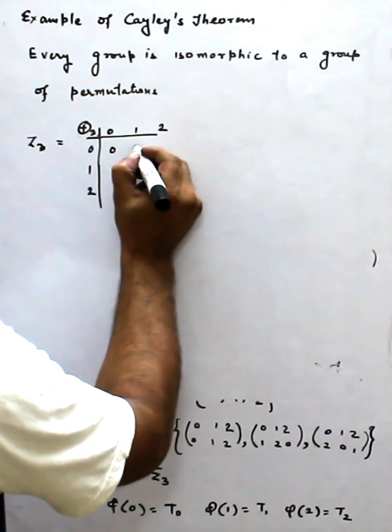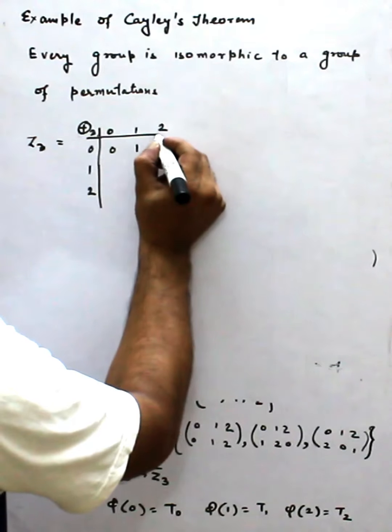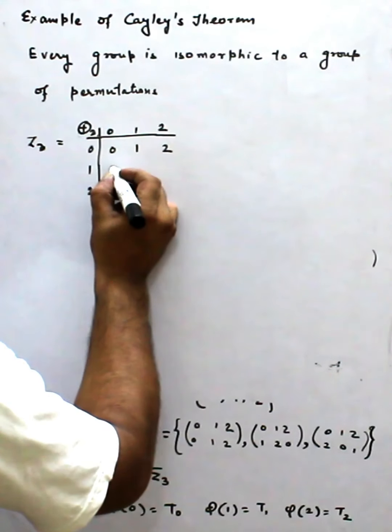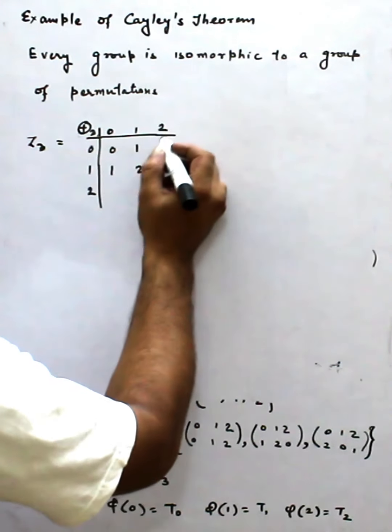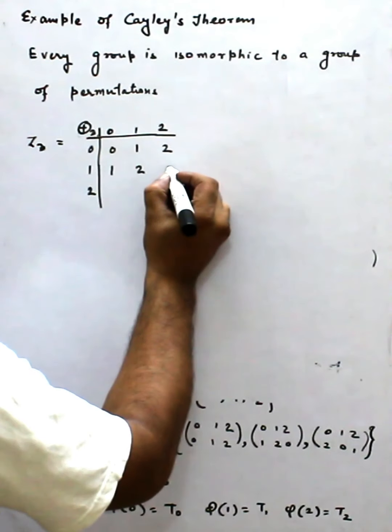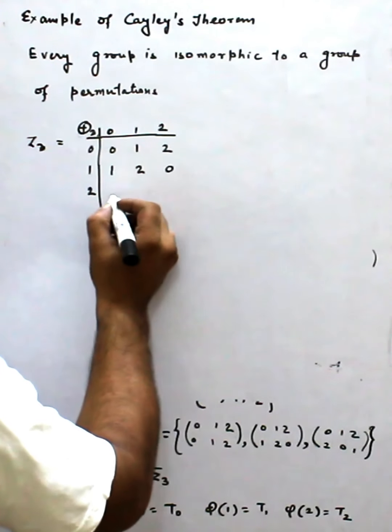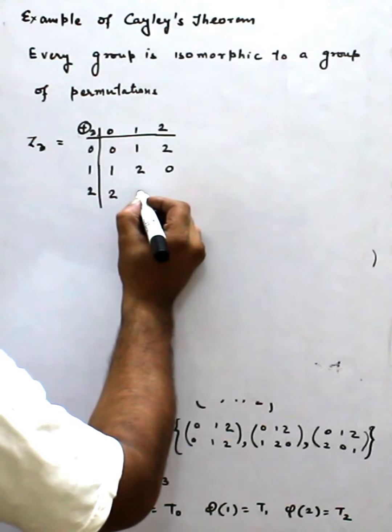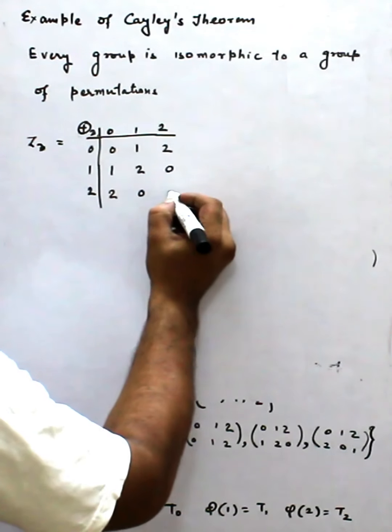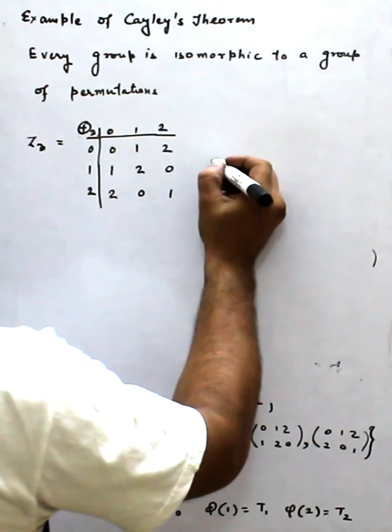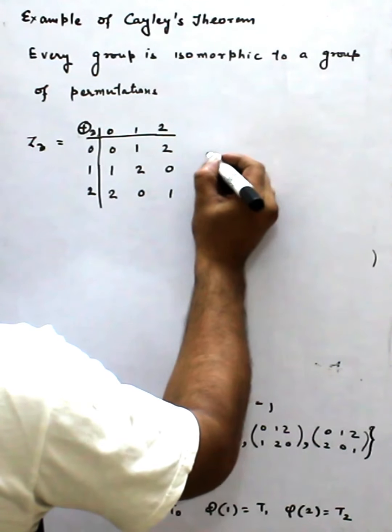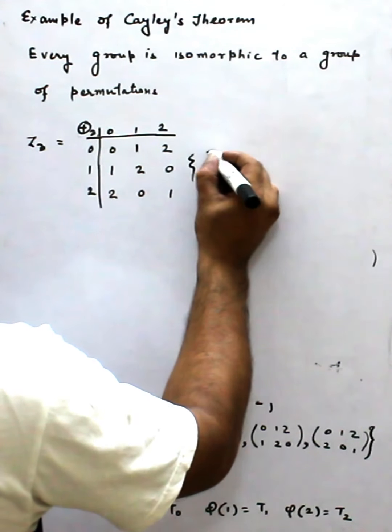Now 0 row is 0, 1, 2. Obviously, the next row is 1, 2, and 1 plus 2 is 3, 3 divided by 3 is 0. Now the last row is 2, 3 which means 0, and 2 plus 2 is 4, this is 1. Similarly for Z3 bar.